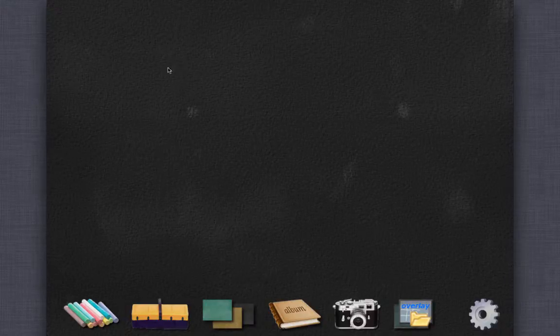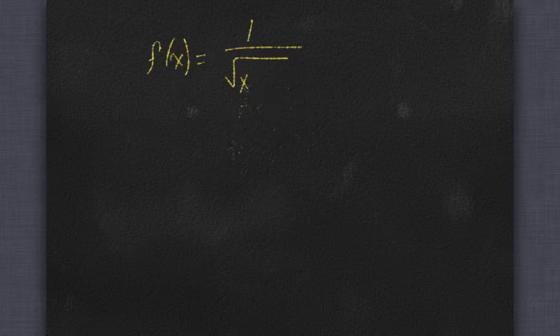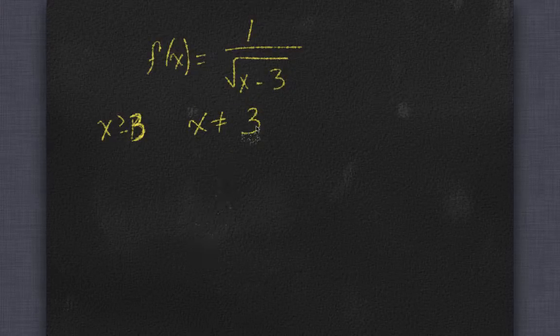So if I've got f of x equals 1 over square root of x minus 3, I still need x to be bigger than or equal to, not 1, 3, because it's in a root. But if it's equal to 3, I get 0 down there in the denominator, and that's bad. So I actually need x to not be 3.